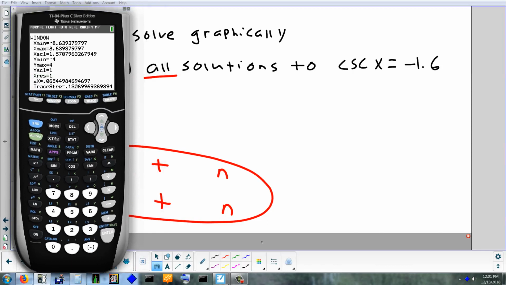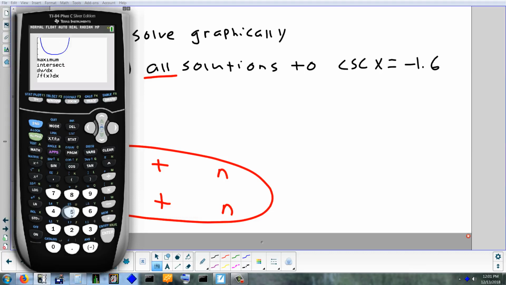What's the length of one cycle of cosecant? Yep, 2 pi. If I look beyond that, I'm going to see more answers. I don't care about answers in other cycles. I just want to get the answers in one cycle. So I'm going to see one U shape and one N shape. That's one full cycle, and here are the two answers in that cycle.